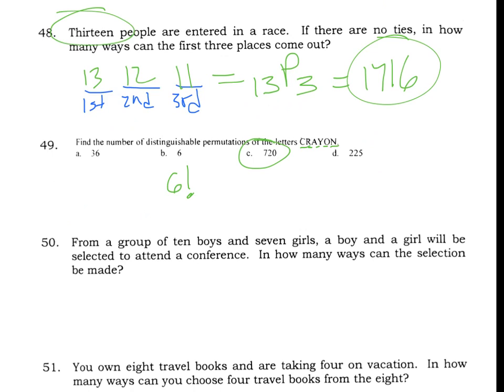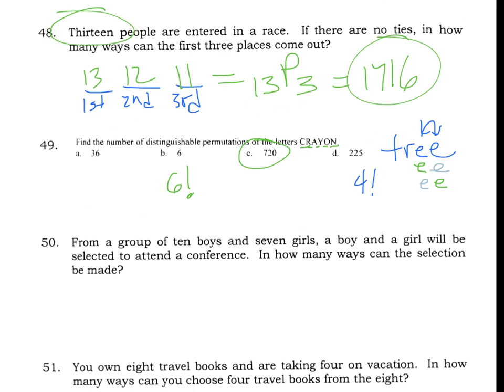Now, if this was a little different problem, let's say tree, in this case, I can't just say that there are 4 factorial permutations, because every time I swap the 2 E's, I get an indistinguishable word. In other words, tree with one E first is not different from tree with the other E first. It doesn't matter if I switch those two.